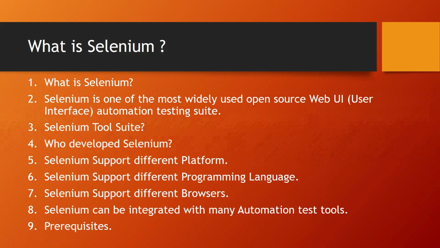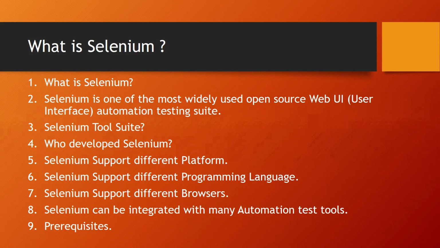So what is Selenium? Selenium is a free open source automated testing framework used to validate web applications across different browsers and platforms. You can use multiple programming languages like Java, C Sharp, Python to create Selenium test scripts. And the testing we do with the help of Selenium tools, we call Selenium testing.